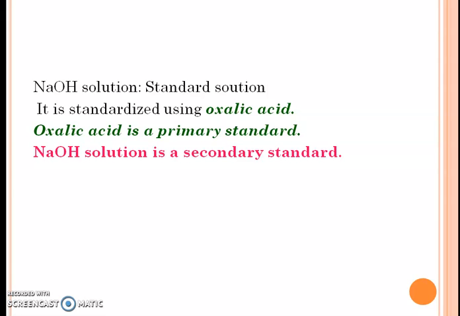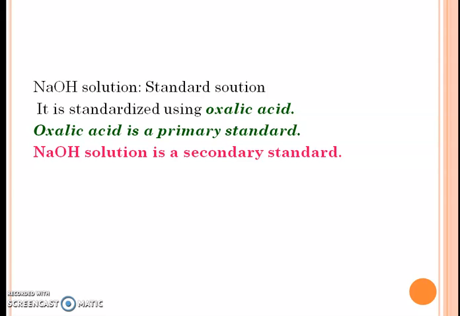Why is it necessary to standardize NaOH? Now suppose we have prepared the solution of NaOH as 0.1 normal. Now if we perform the titration of H2SO4 with 0.1 normal NaOH the next day, then there are chances that NaOH may absorb carbon dioxide from the air and its concentration may deviate from 0.1 normal.